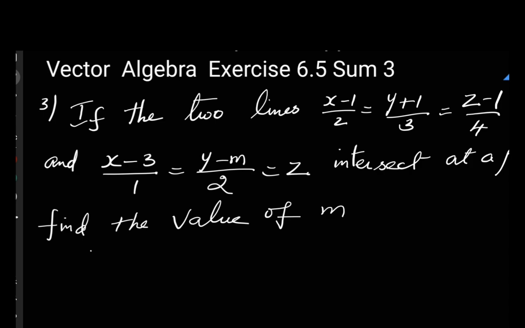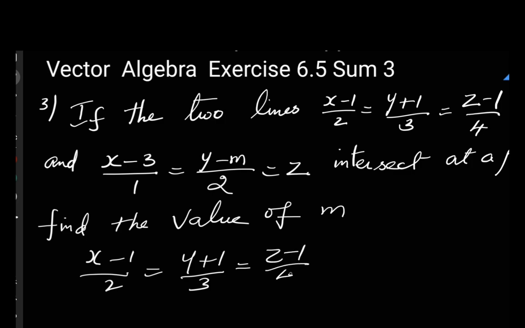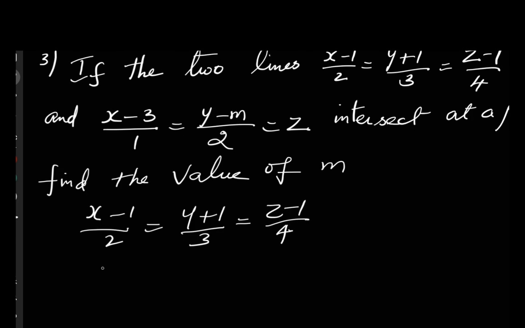So you take the first line, (x minus 1)/2 is equal to (y plus 1)/3 is equal to (z minus 1)/4. This line passes through the point x1, y1, z1, that is 1, minus 1, 1.